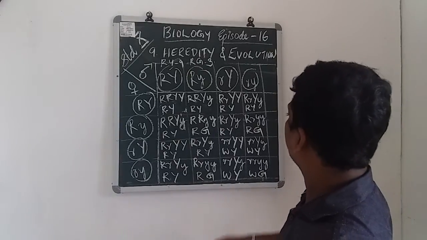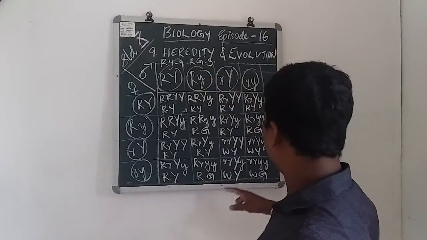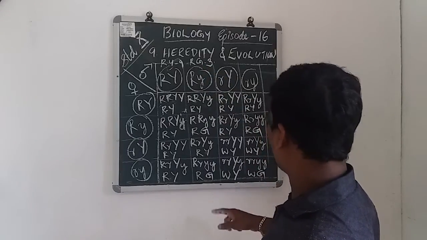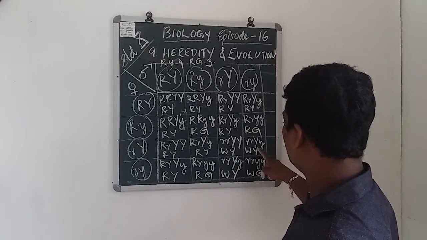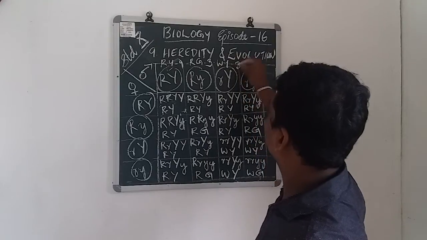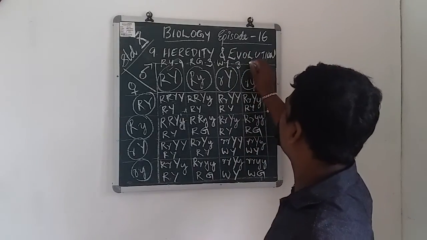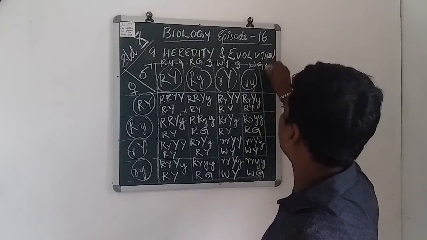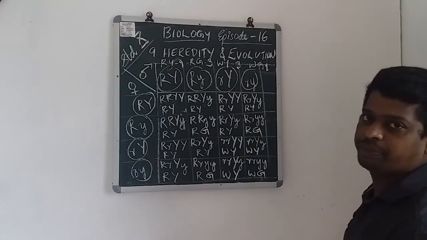And then round yellow, round green, and then wrinkled yellow. Which are the wrinkled yellow? 1, 2, 3. And then wrinkled green is 1.